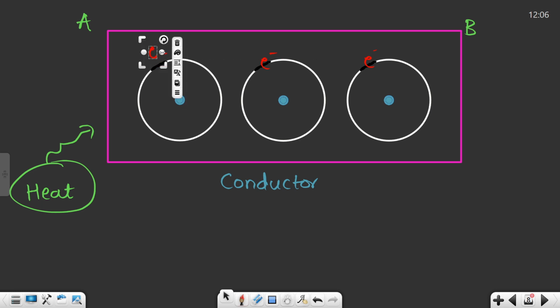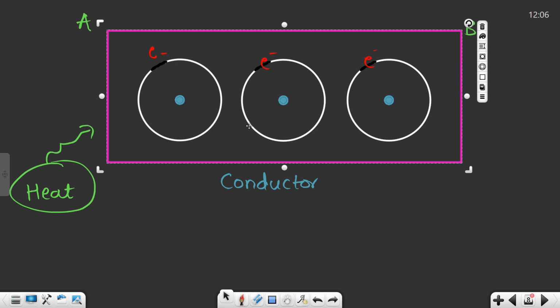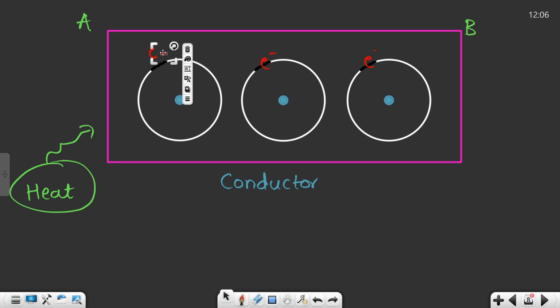It will become a free electron now. Let me just take these electrons out. That means now these electrons won't rotate around the nucleus. Now they have become free electrons.